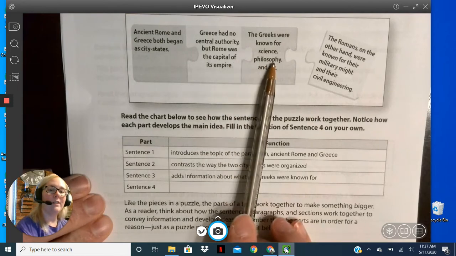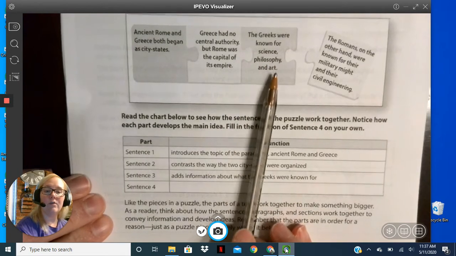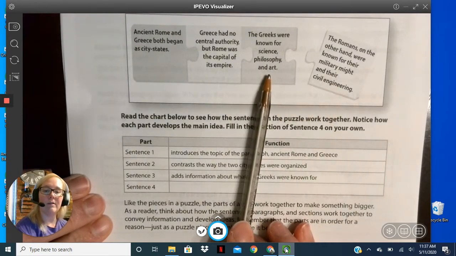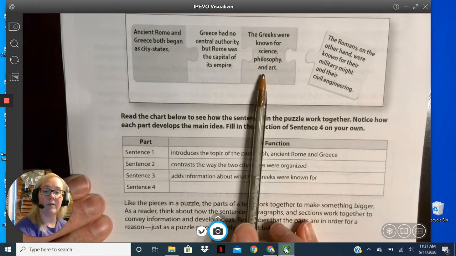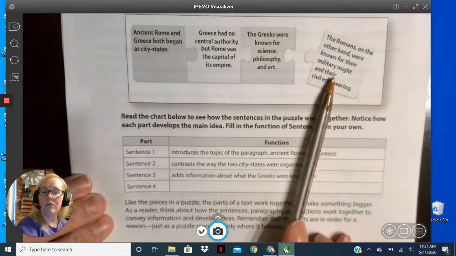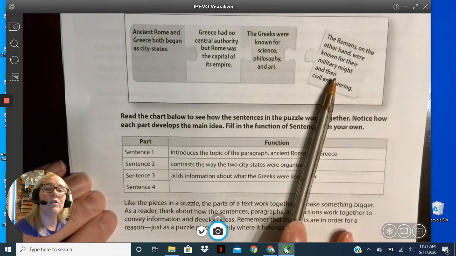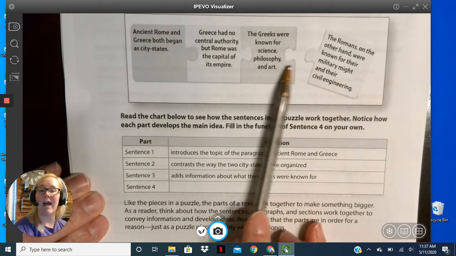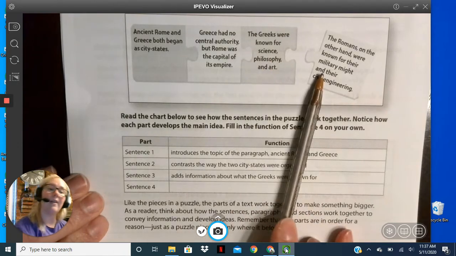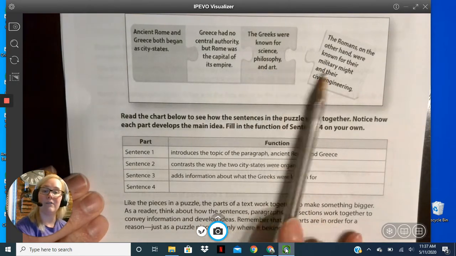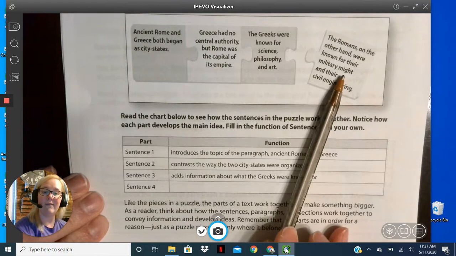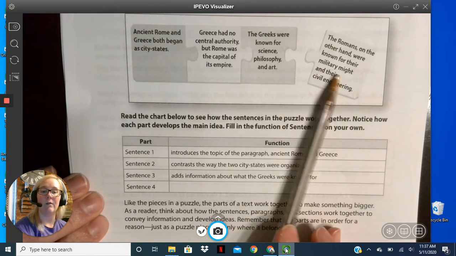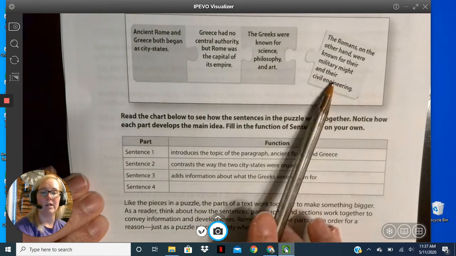Just like sentence 3, this contributes information about what the Romans were known for, but it also adds in a contrast, because the Greeks were known for this and the Romans were known for that, and it shows the differences. If I didn't have this sentence, I wouldn't get a difference between Romans and Greeks. So that's why that's important.